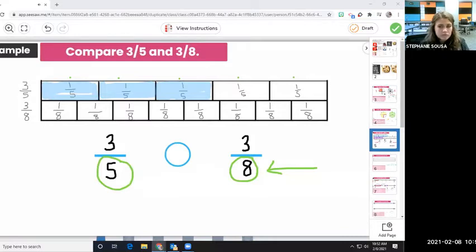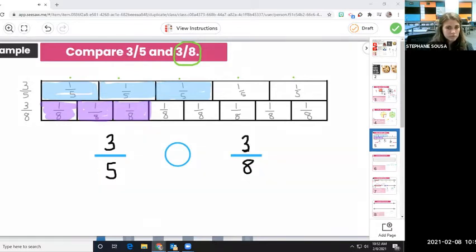I'm given the fraction 3/8. So now I can shade, using my highlight tool, 3 unit fractions: 1, 2, 3, or 3/8.